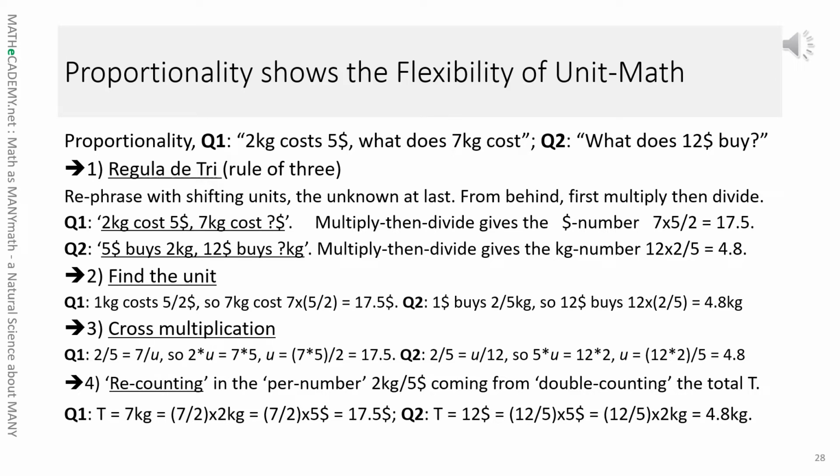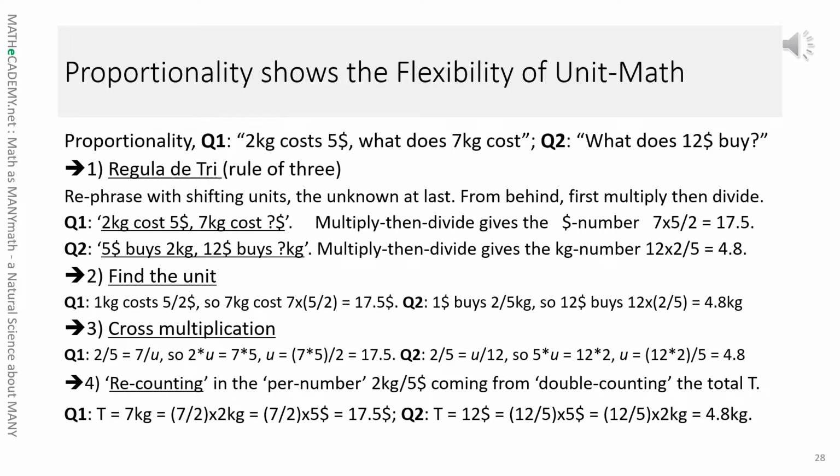2. Find the unit. Q1, 1 kg costs 5 over 2, so 7 kilograms cost 7 times 5 over 2, equals $17.5. 3. Cross multiplication. Q1, 2 over 5 equals 7 over u, so 2 times u equals 7 times 5, so u equals 7 times 5 over 2, equals 17.5. 4.